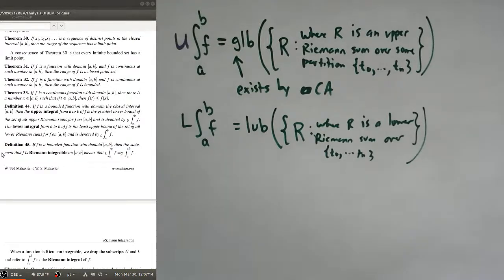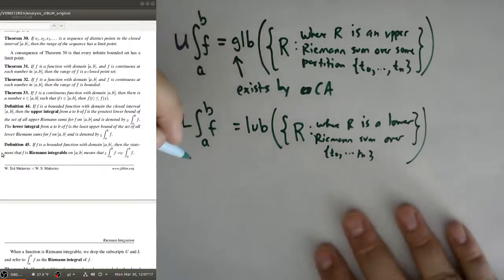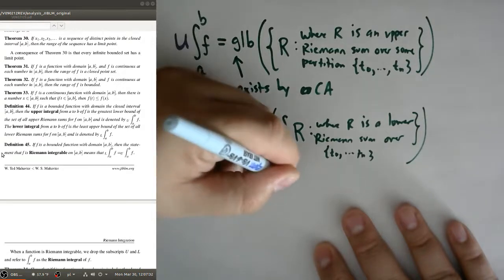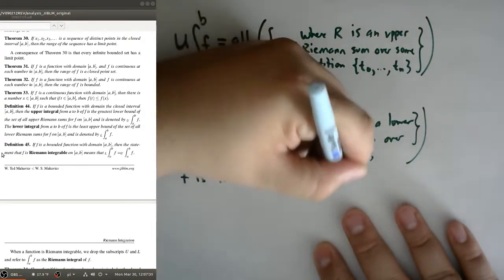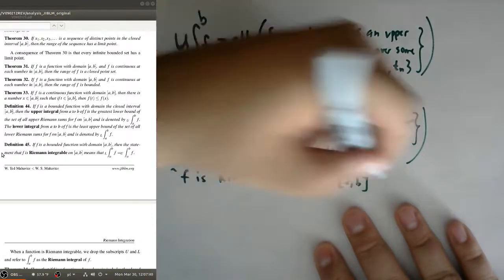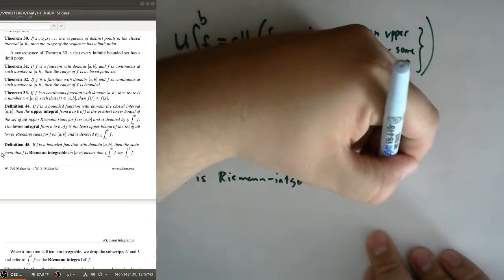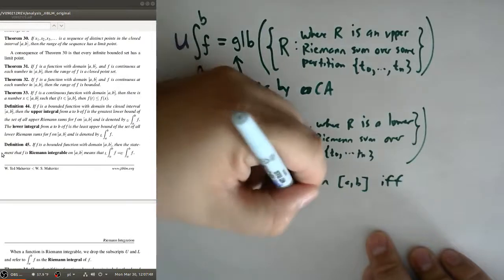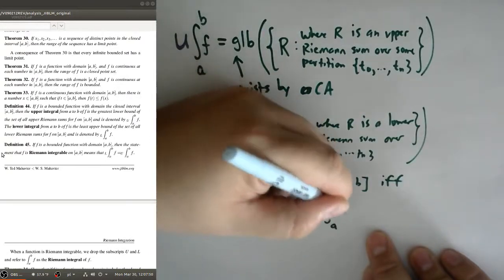So we say if f is bounded on the domain [a, b], then we say that f is Riemann integrable on [a, b] if and only if the upper integral of f is equal to the lower integral of f.